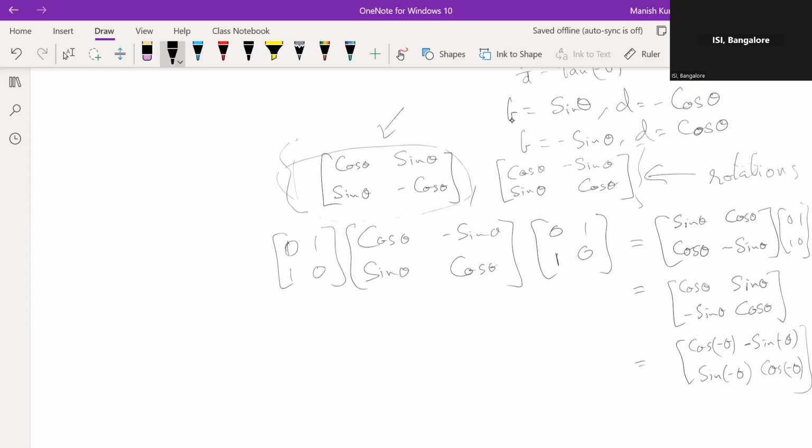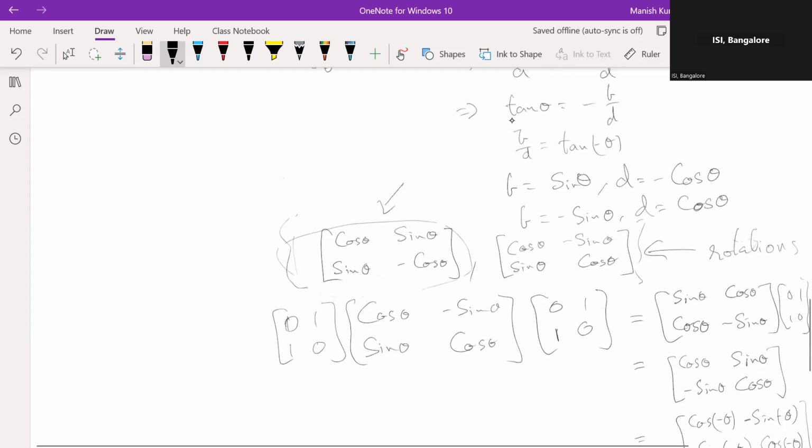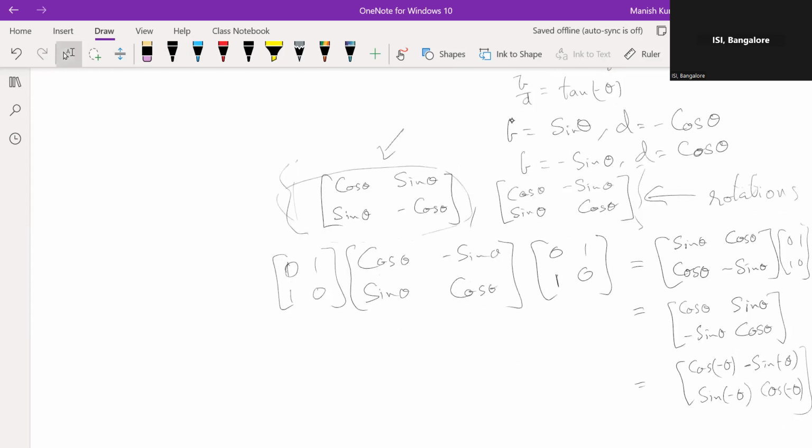No, sorry. I've written this as the reflection, but this is not a reflection. This is also a rotation. So that was the problem. Sorry. So see what is this matrix 0, 1, 1, 0? So maybe let's just erase this.